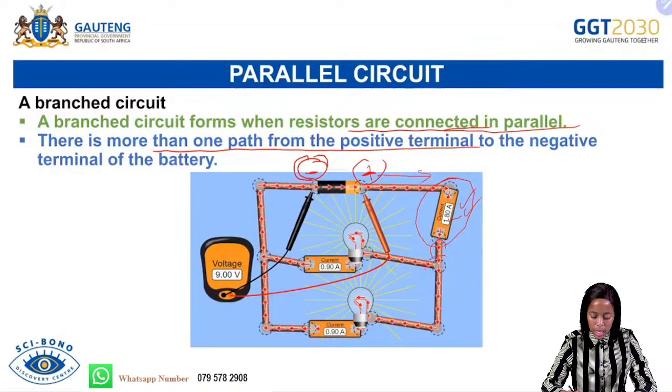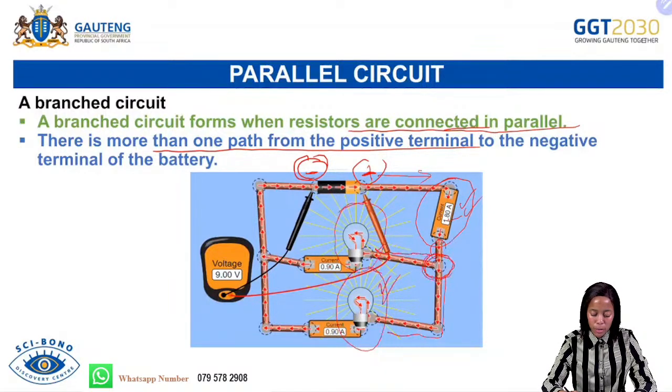When the current gets there, some of the current moves to the left, to one of the light bulbs. And the other current is moving to the other light bulb, which is at the bottom there.